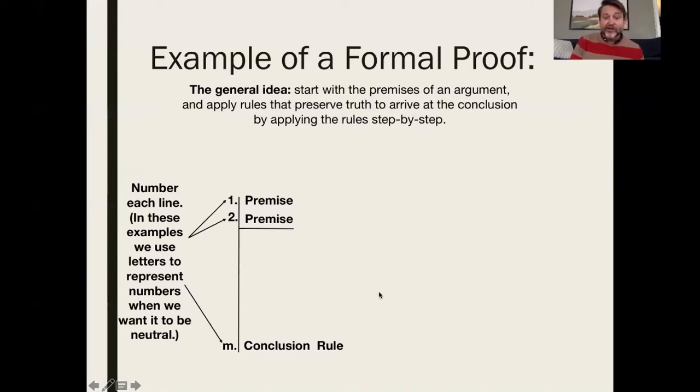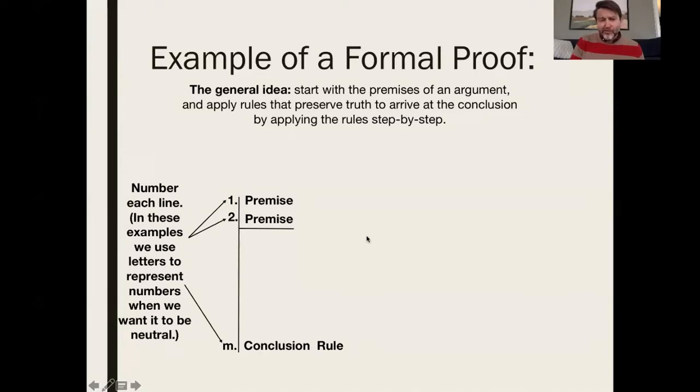We, of course, need to number each line on the left side of the Fitch bar. And so in these examples, I'll also use letters to represent numbers when we don't know how far down and how many steps we're going to need to arrive at a conclusion, for example. So the letters will be variables for numbers for lines.